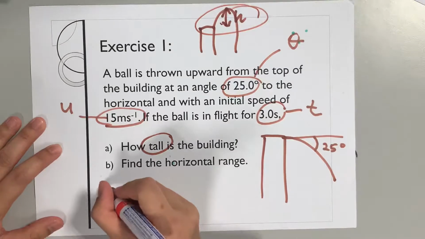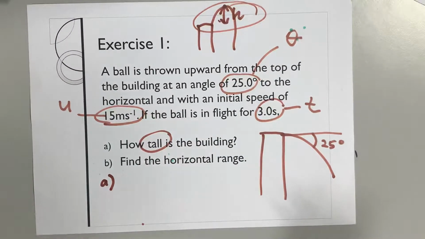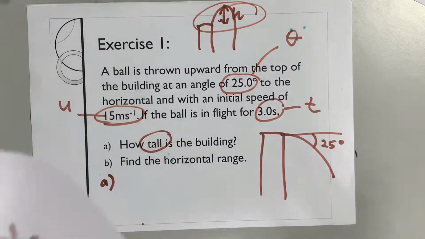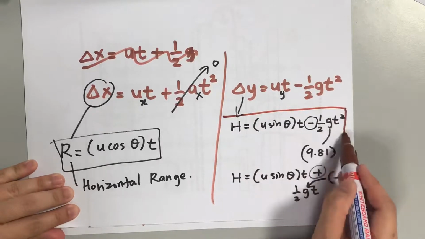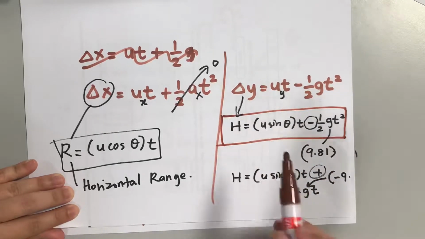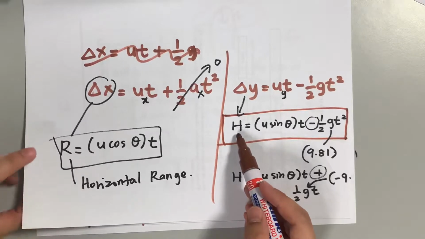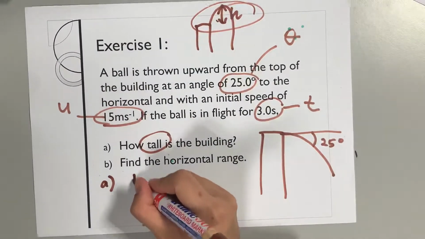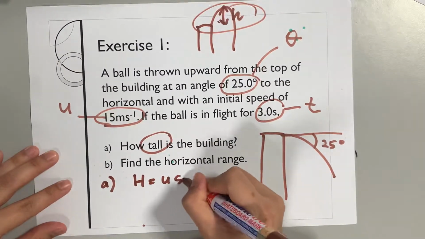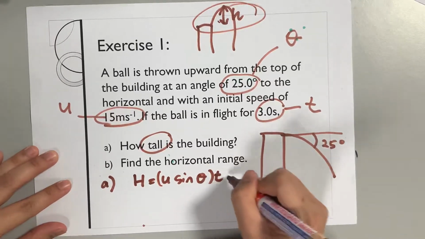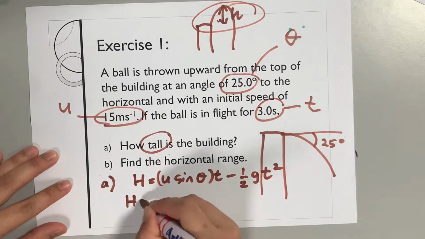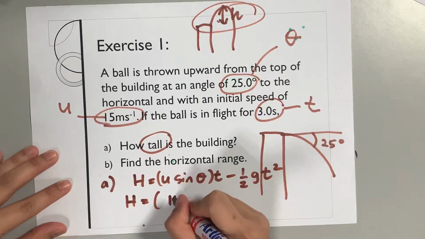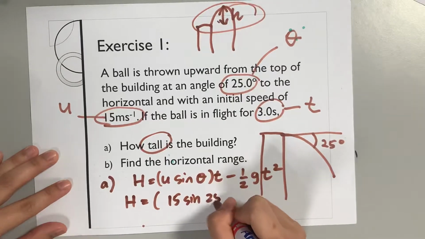So you have to choose which equation. There are only 2 equations for projectile motion, right? Which is r is equal to u cos theta t, and the other one is this one. For the height, or the height of the building, you use this one: h is equal to u sine theta t minus half gt squared. So h is equal to u, which is 15, sine 25.